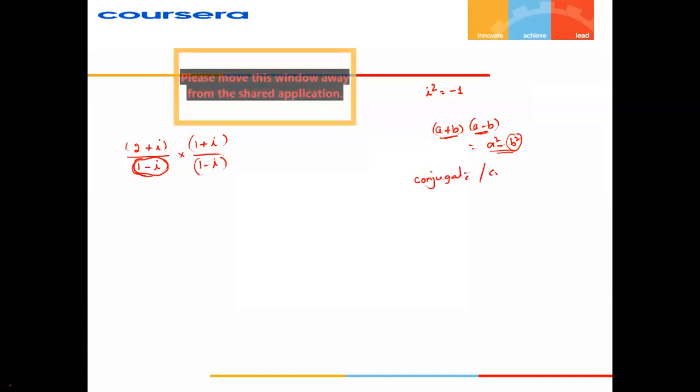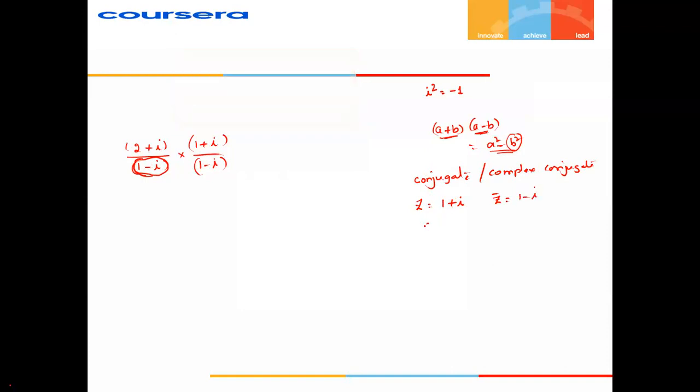Or some people call it complex conjugate. Very simple. Suppose z equals 1 plus i. Then if 1 plus i is there, with what will we multiply? We go with 1 minus i, right? That is called the complex conjugate, or simply conjugate.